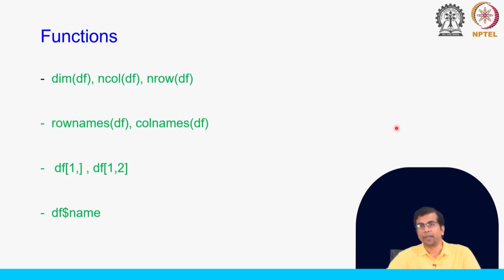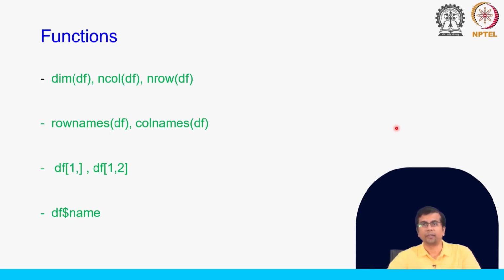So then we can also access elements. We have already done this in case of matrix, with a very similar function, df. If you want the first row, we say df[1, ], and if you want a specific element, we just need to give the row number followed by the column number, right? So in this case df[1,2]. We can access columns by saying the column name as well, df$name.